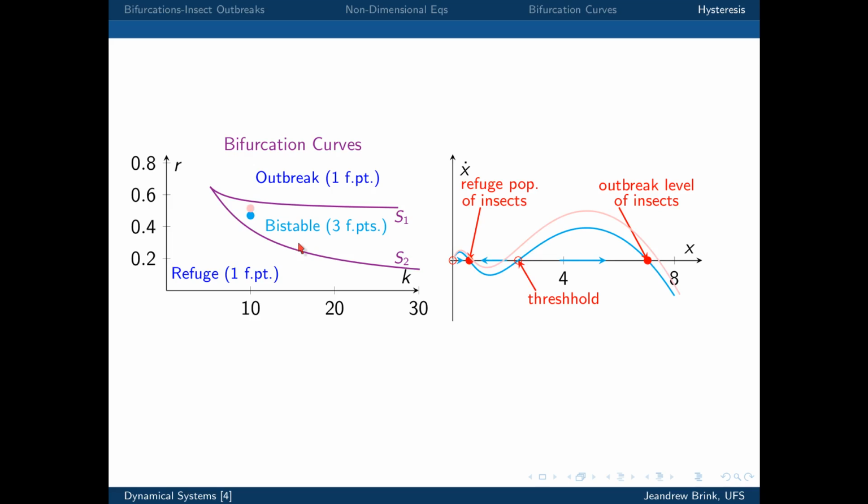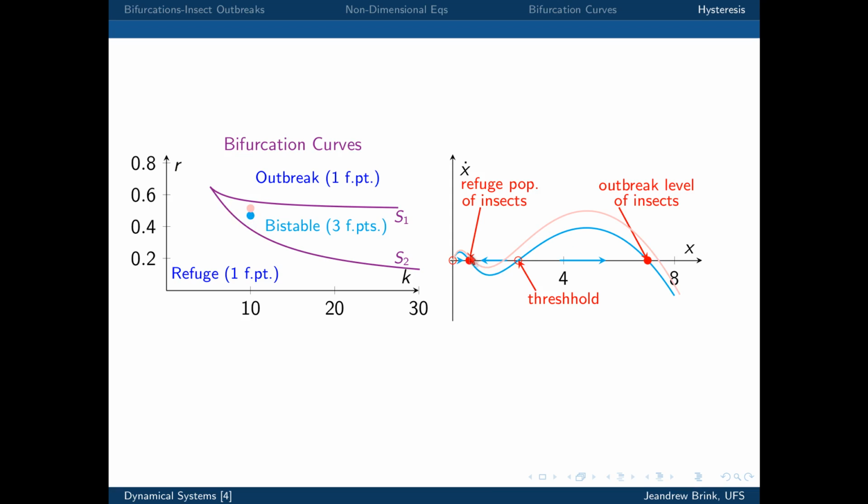And now suppose we change the parameters, because that's basically what the people that were going to manage the forests were going to do: change some of the parameters to try and stop the outbreak. They wanted to know what to change. So here, for example, if you keep K fixed and increase R, instead of having the blue graph of the differential equation, you have this pink one.